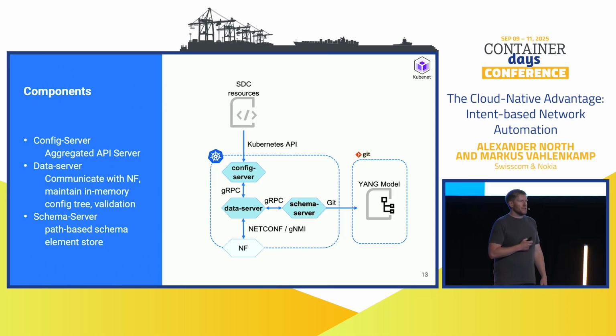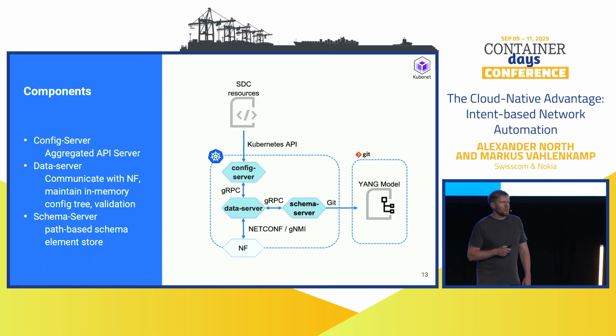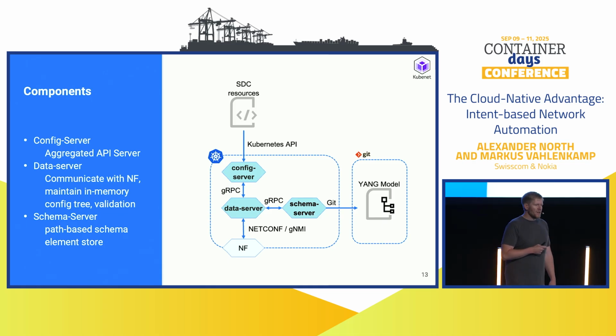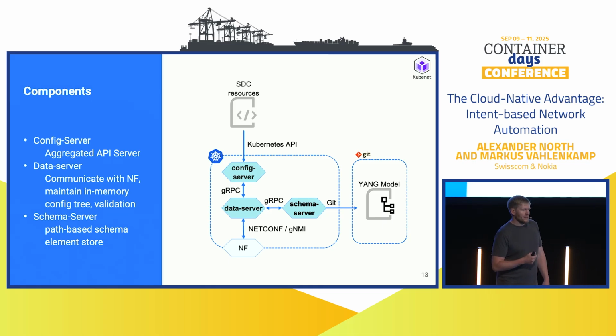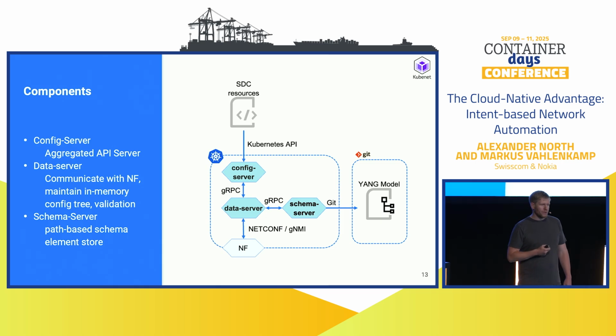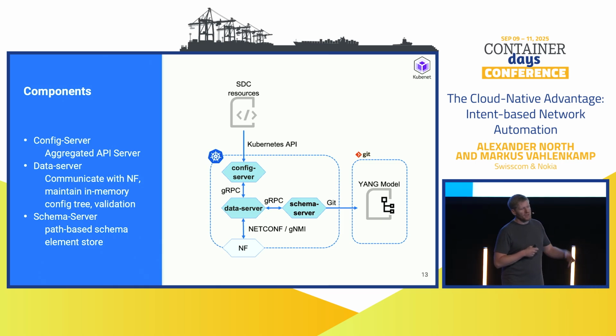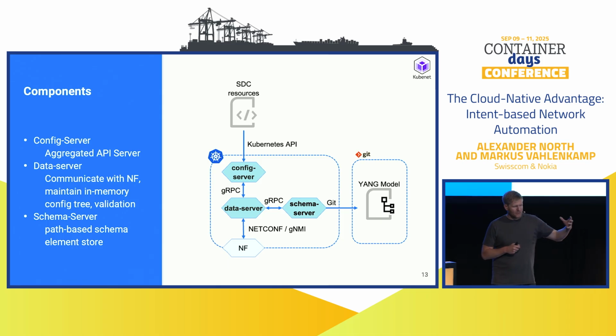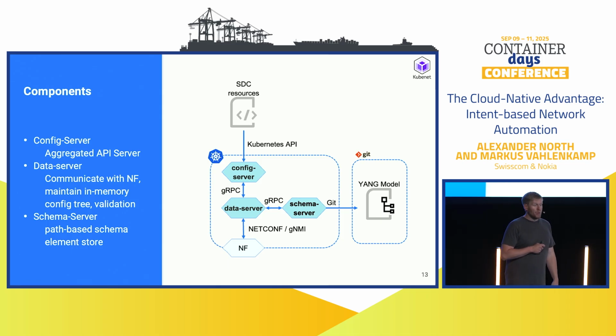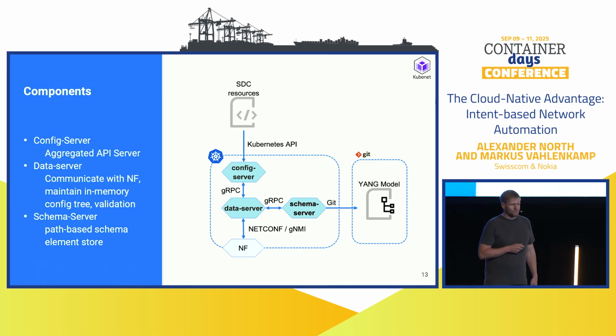The data server builds an in-memory configuration tree. This configuration tree is fed on one side from the config server with the configuration intents that you push into the Kubernetes API, and from the other side, it gets hold of the network function's configuration via the named protocols.